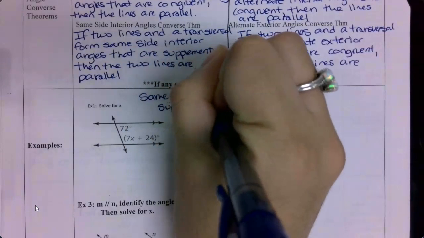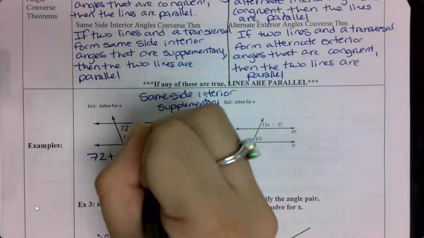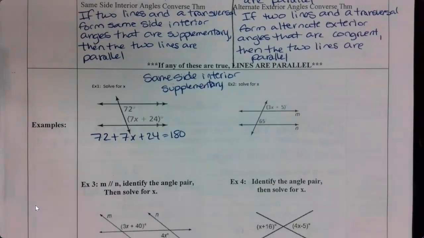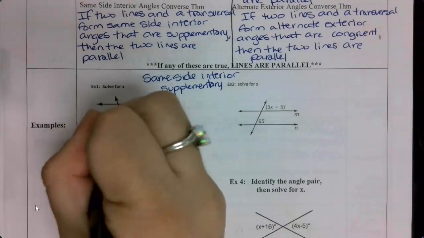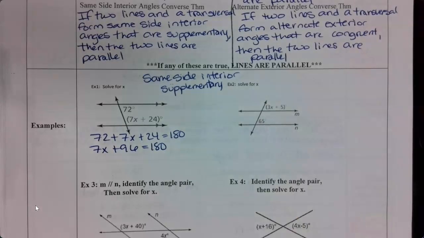So that means I want to add these together and set it equal to 180. So I want to combine like terms. 72 plus 24 is 180.